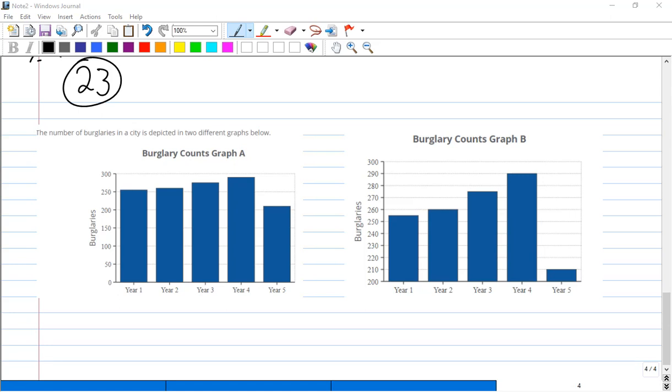Graph B looks very misleading. Why is that? See, look down here where this scale starts. By changing the scale, this data is very, very misleading for B.